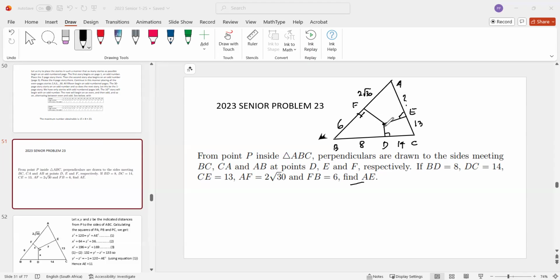So let's call these heights A and B and C. Now we don't know what those distances are, but if I join the vertices of the triangle, let me just join this one here. Then I can get an equation involving A and B.